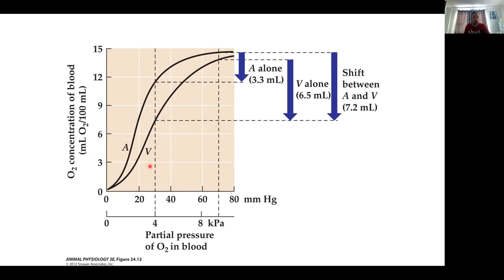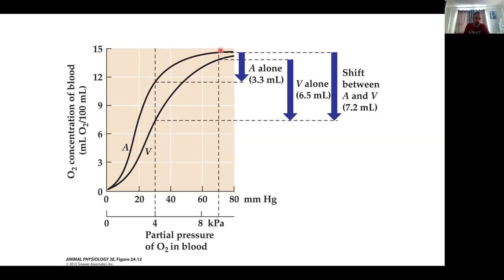If we didn't have this Bohr effect, if we didn't have this rightward shift, we were stuck just with the curve here for our arterial blood. Because our affinity is so high, we're not going to drop off a lot of gas. We might go from here in terms of our partial pressure, what we typically associate with blood in the lungs, to down here.